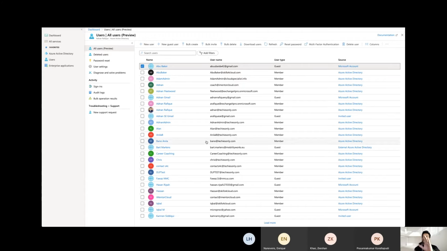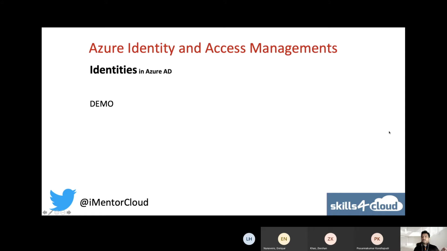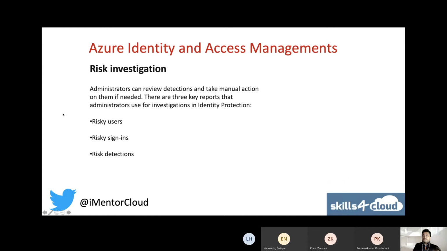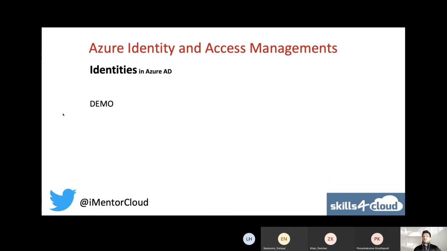Before I jump on to the next section, let me go back to my slide deck because we want to be in the continuous flow of that. So, identities. Right. Now what I'm going to do is give you a couple of scenarios, and then we go from there.